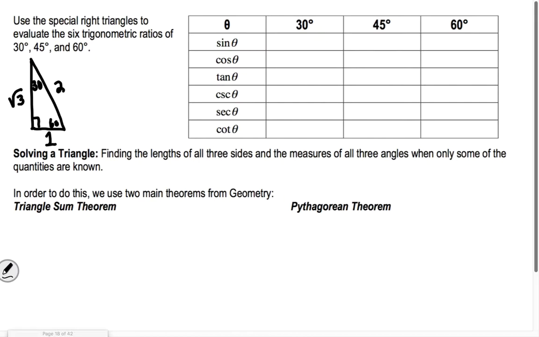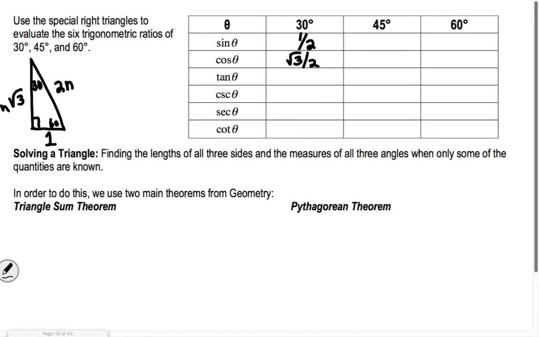All right, so sine of 30 degrees was 1/2. The cosine of 30 degrees was what? That would be adjacent over hypotenuse. What do we get? Root 3 over 2. I left off the n's. You can put the n's if you want. And tangent is going to be opposite over adjacent, so 1n over n root 3.